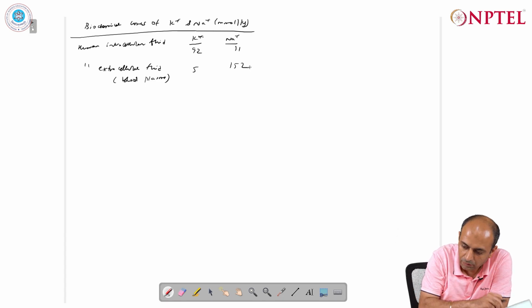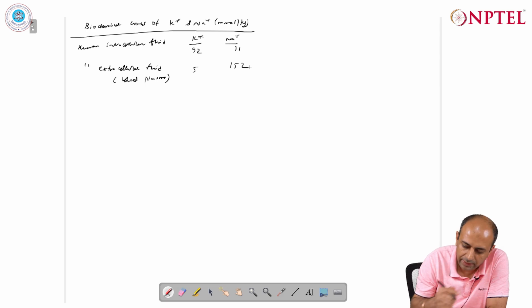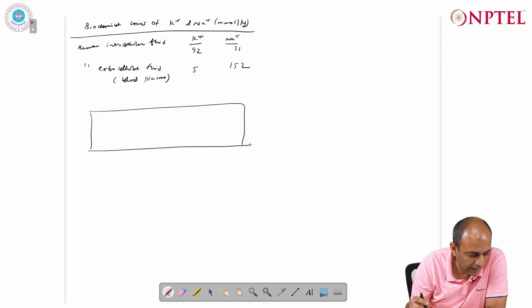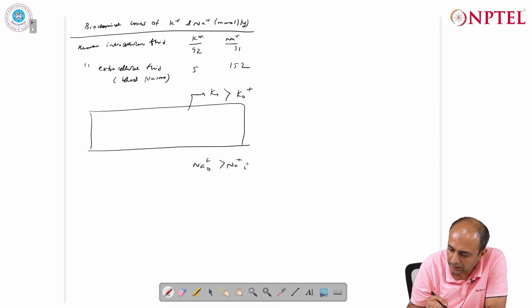Now, if you look at this process, we can show it in the form of a box. Inside, the K plus concentration is greater than outside, and Na plus outside is greater than Na plus inside.